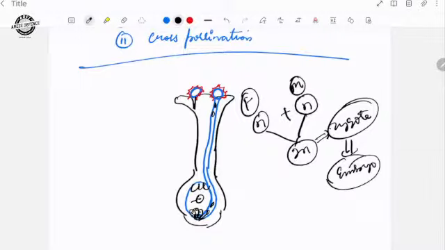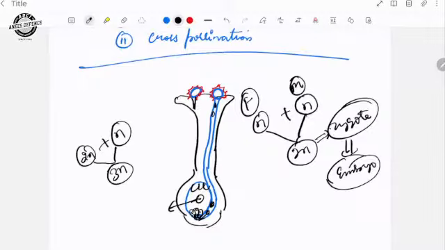Here, look at the polar nuclei. What we should know is that we have two male gametes. One male gamete is going to fuse with the female gamete. What about the other? Where has the second male gamete gone? It is going to attach with the polar nuclei, which already have two nuclei, and one more gamete attaches, so it forms 3n, that is triploid.